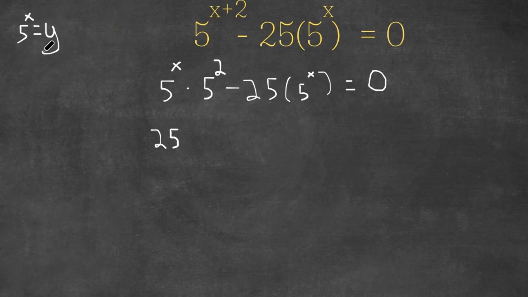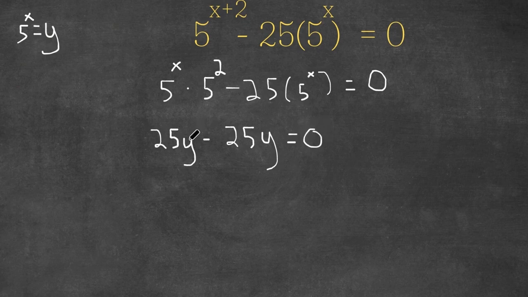We're doing this because it's going to be much easier to solve this exponential equation. So 5 to the power of x equals y, then this is 25y minus 25 times 5 to the power of x, which is y as well. And this equals 0.